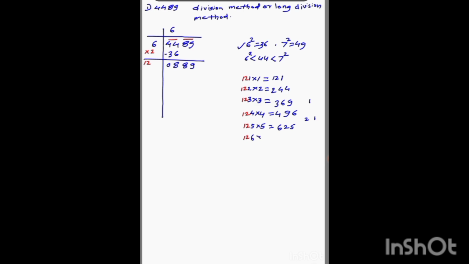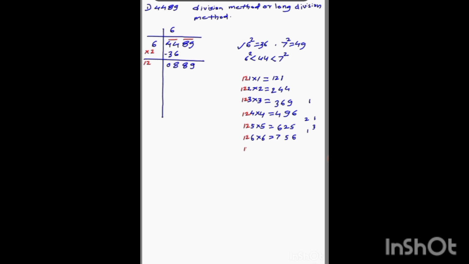I am deliberately going very slowly because everybody must understand. 6 into 6 is 36, carry over 3, 6 into 2 is 12, plus 3 is 15, carry over 1, 6 into 1 is 6, plus 1 is 7, so 756.